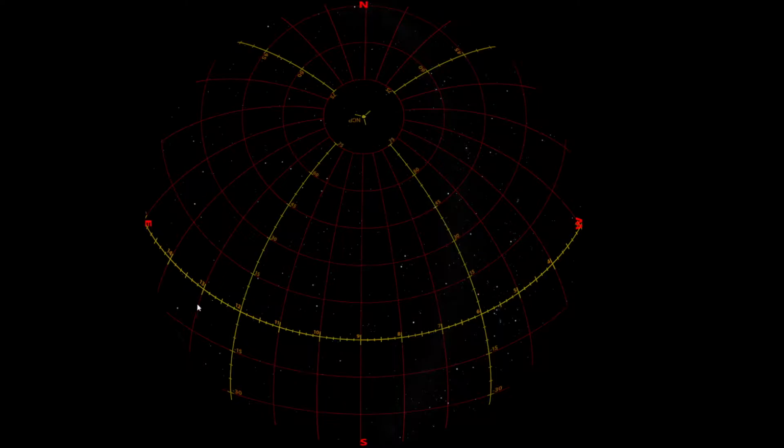So these are our right ascension and declination grid, which is the same as longitude and latitude on the Earth. Okay, so the right ascension lines are the ones that go up and down like this, and the declination lines are the ones that are parallel to the equator.